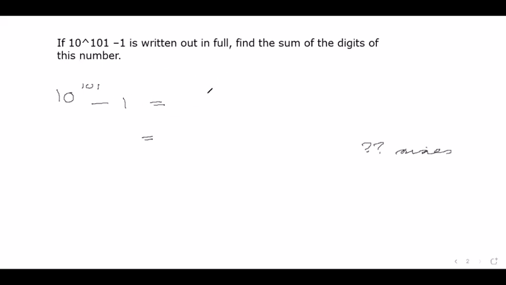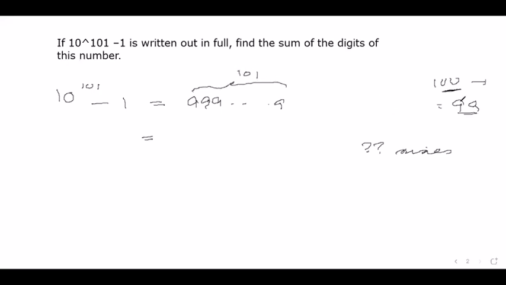Okay, this number had 101 zeros in it. And when you take 1 away, suppose you had 2 zeros and you take 1 away, your answer will have only 9s in it. It's 99, and there will be 2 9s. So if you got 2 zeros, you will have a number with only 9s in it, and there will be the same number of 9s as the number of zeros in the first instance. So there will be 101 9s here.